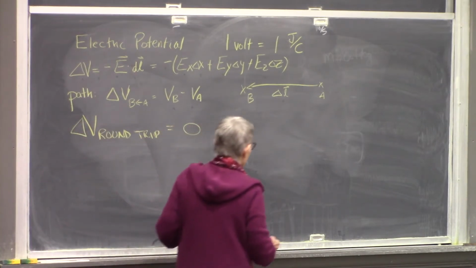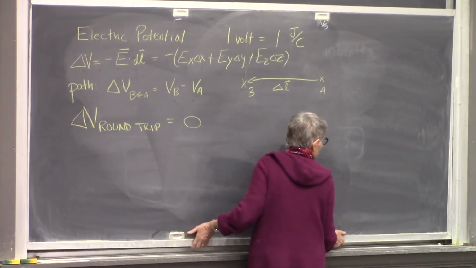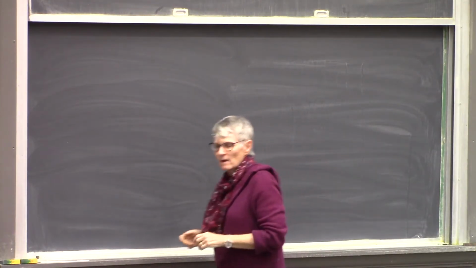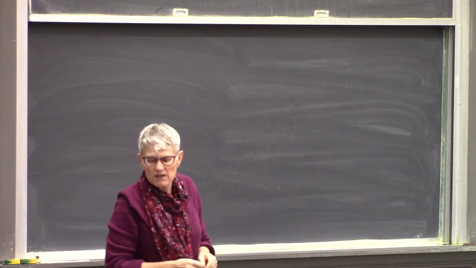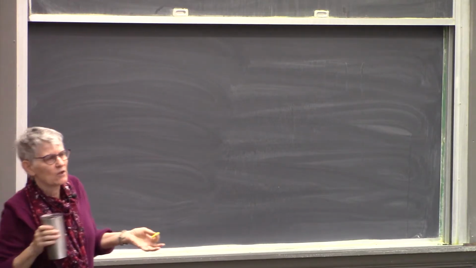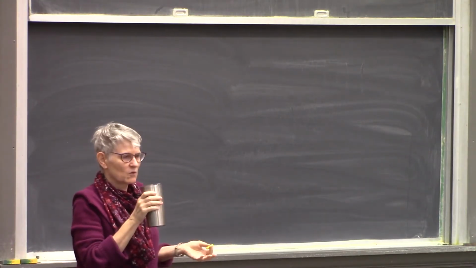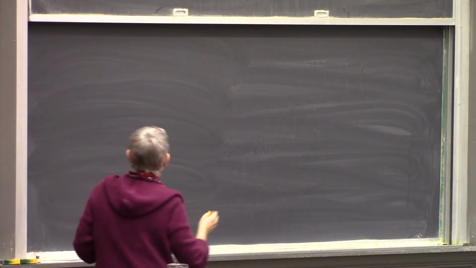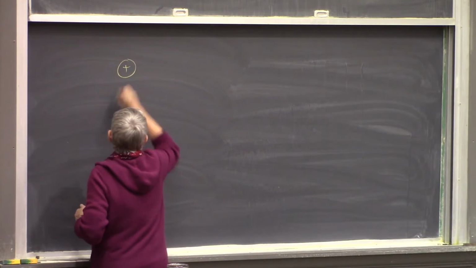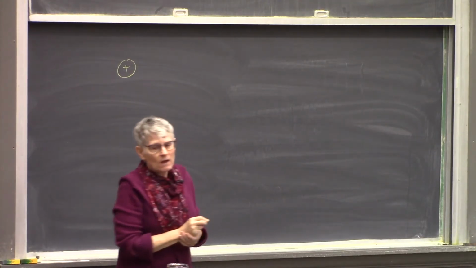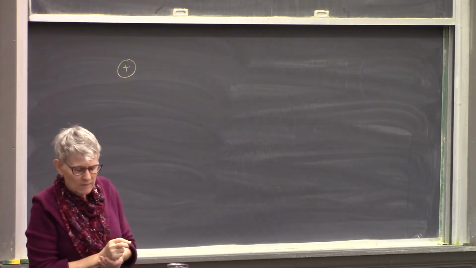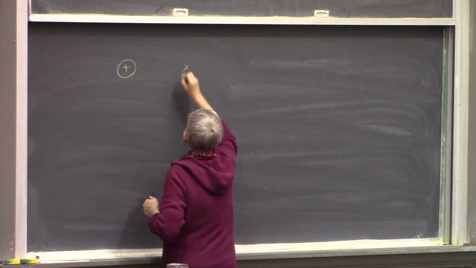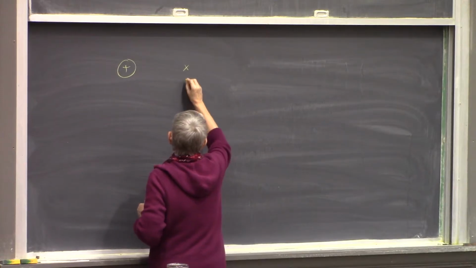Okay, so let's talk about varying fields. The simplest case of a varying field is the field of a point charge, which falls off like 1/distance squared. We know that, right? So suppose we have a point charge here, and we have some initial distance.